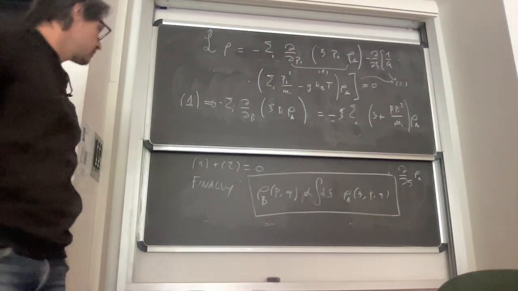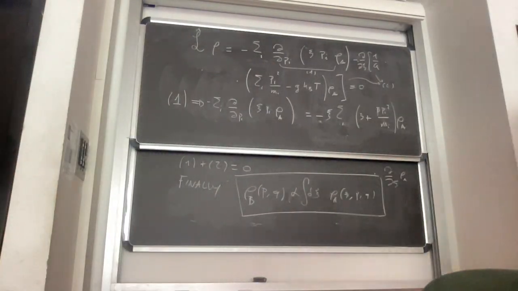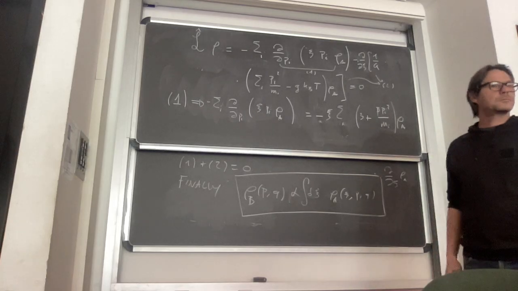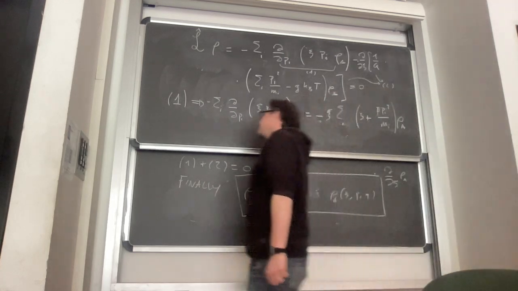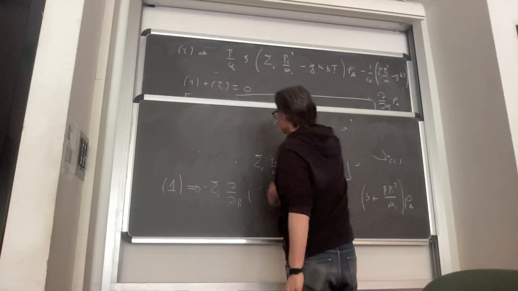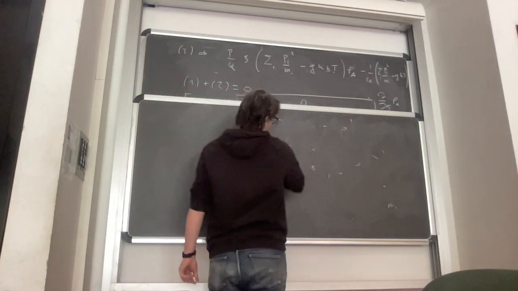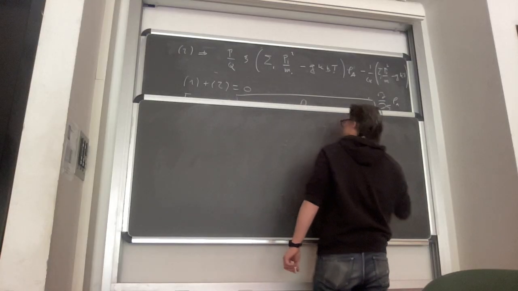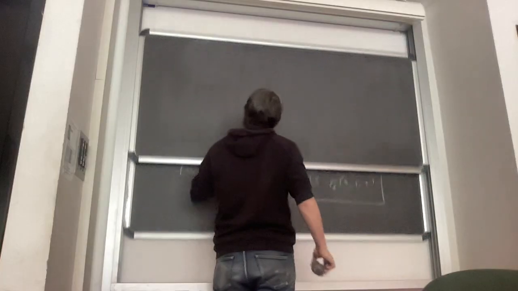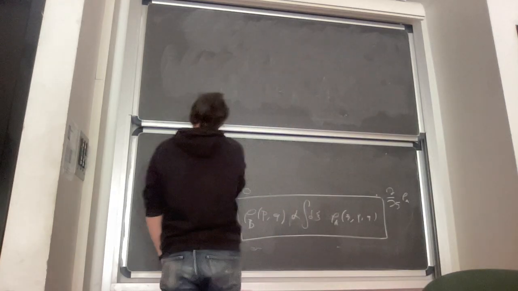Which proves exactly what we wanted. So we now have a Hamiltonian dynamics that, if integrated properly, will sample the Boltzmann distribution.